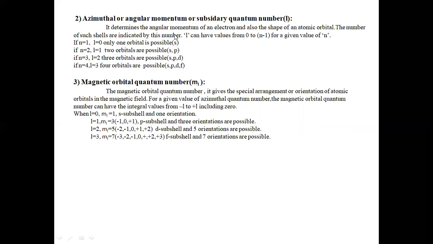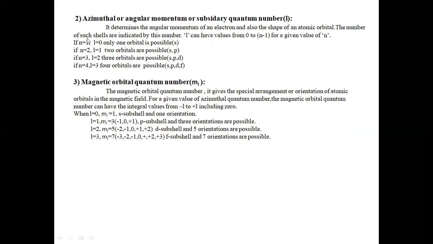The azimuthal quantum number determines the angular momentum of an electron and also the shape of the atomic orbital.